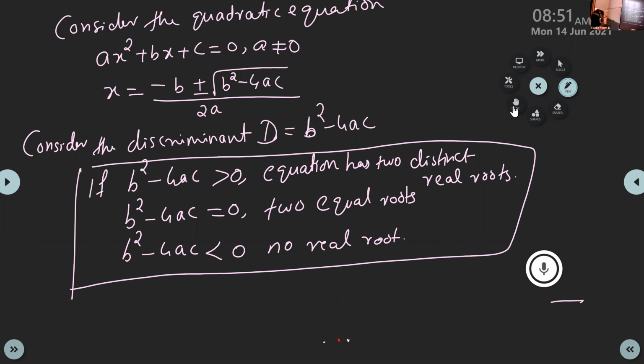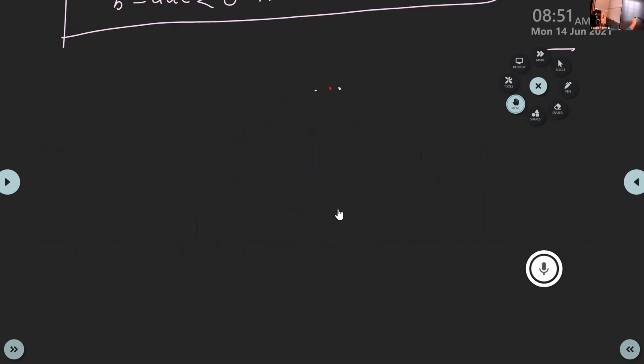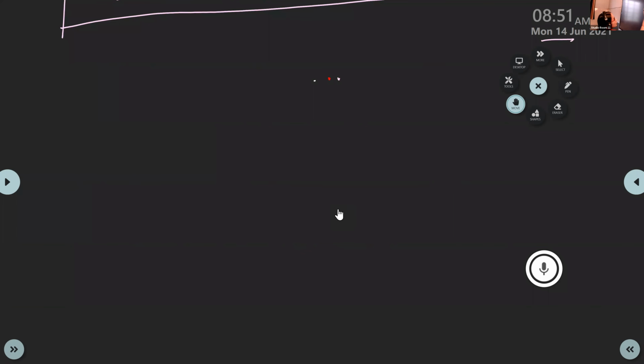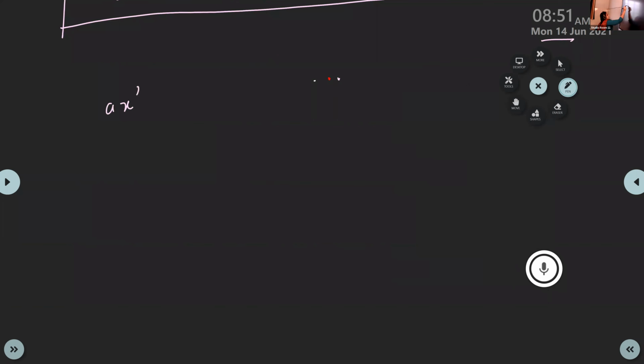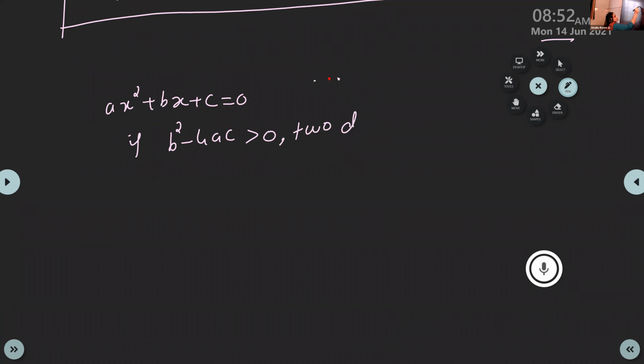So once again, I will explain about this nature of roots. We have ax square plus bx plus c equal to 0 as a quadratic equation, and if b square minus 4ac greater than 0, it has two distinct real roots.